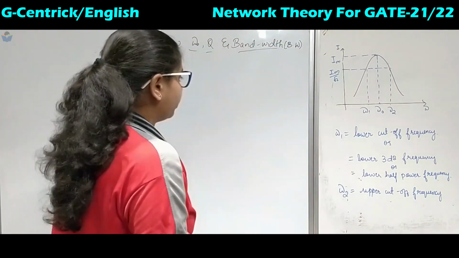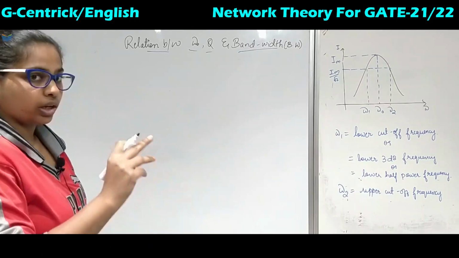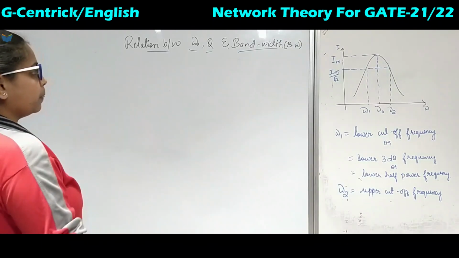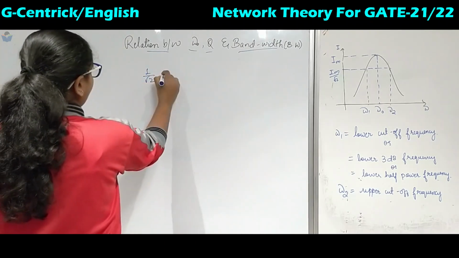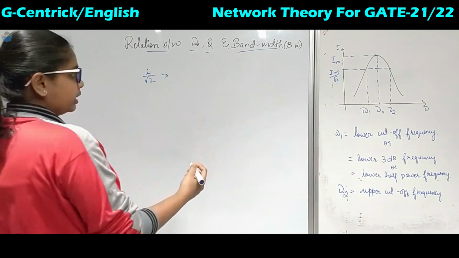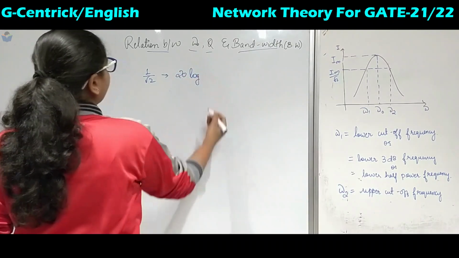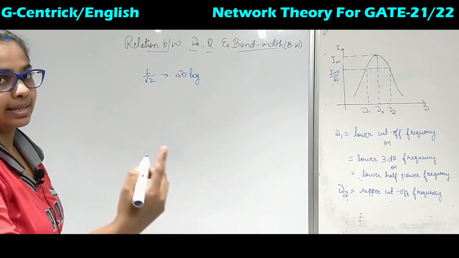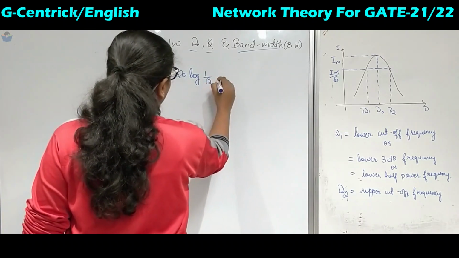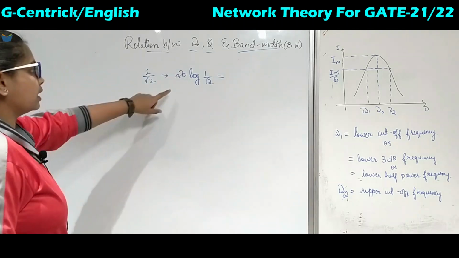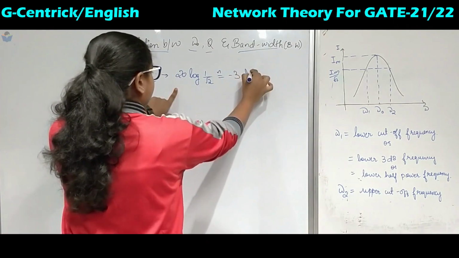Now if you have to calculate the gain, in control system you will study about the gain. Basically it is given as 1 by root 2. If you want to convert it into decibel, you will take 20 log 1 upon root 2, which you will get as approximately minus 3 dB.